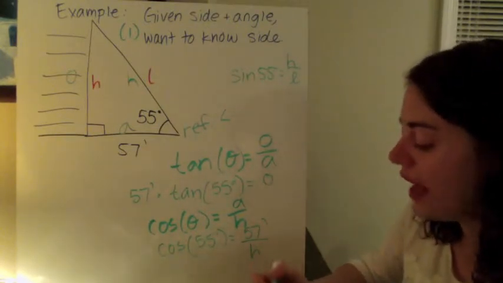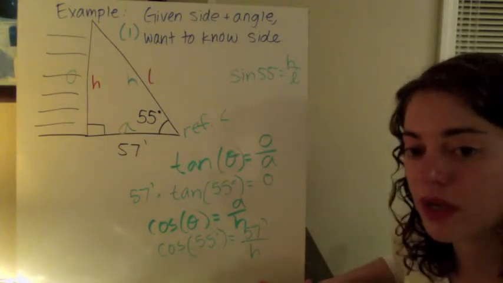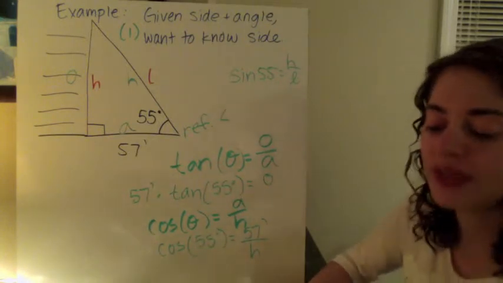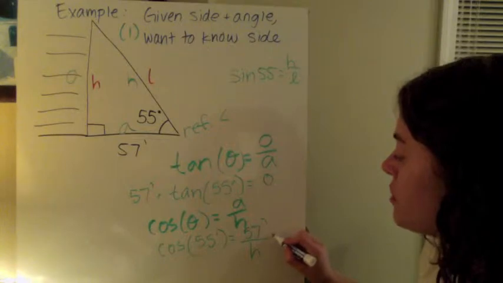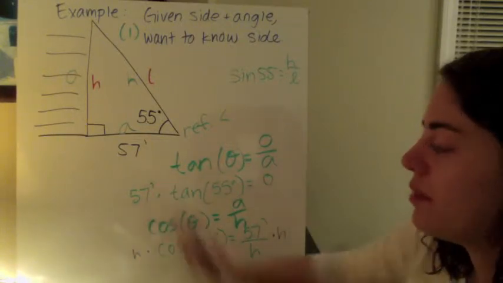Here, to get H by itself, I need to do some algebra. If I had a calculator and could find this number, it would be simpler. But essentially what I'm going to have to do to get rid of it in the denominator is multiply this side by H and this side by H, like I did up here.